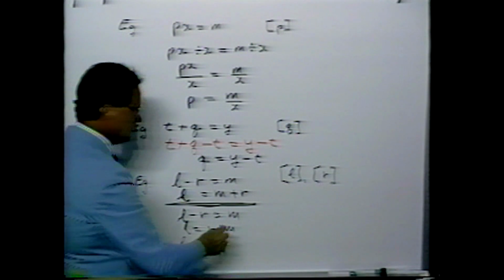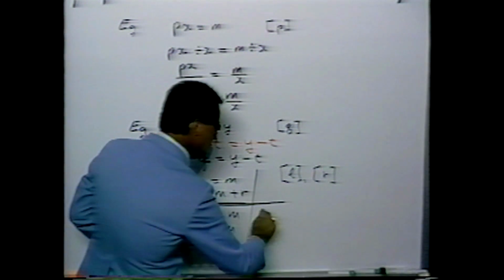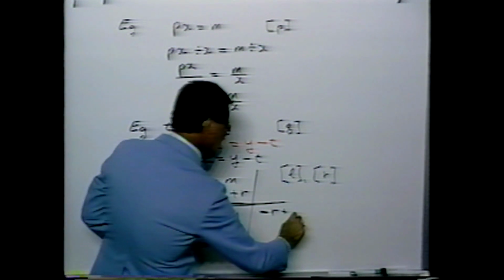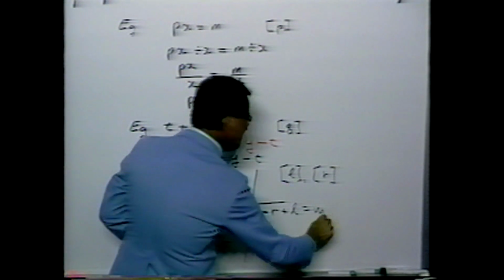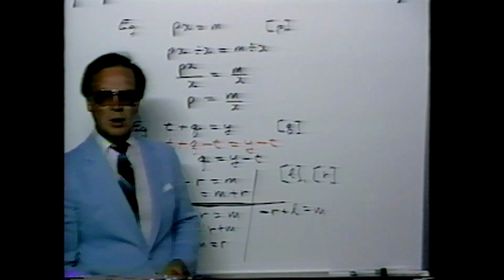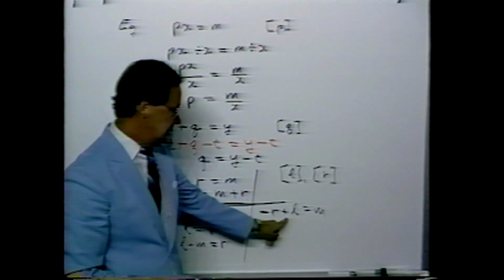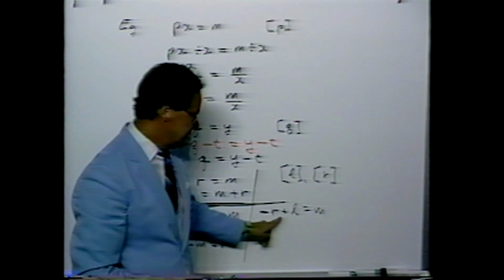Now, I'll do this another way. If we write it this way, minus R plus L equals M, we can look at that as an addition problem when written in this fashion.